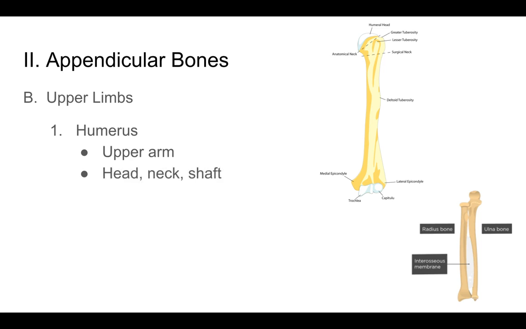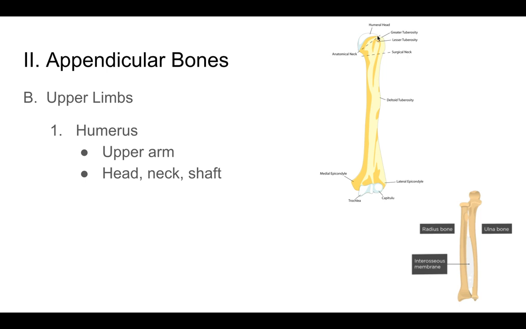And there are 3 regions that I want you to label on your humerus. So find the long bone that looks like this. And at the top, this is the head. So this needs to be labeled as the head. There are 2 necks on the humerus. There is something called an anatomical neck, which is very, very close to the head.